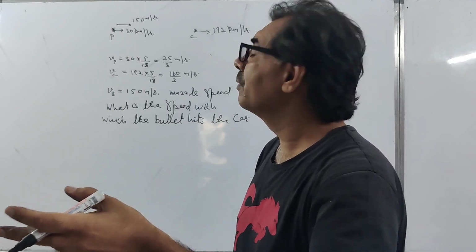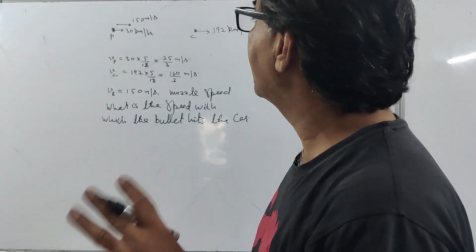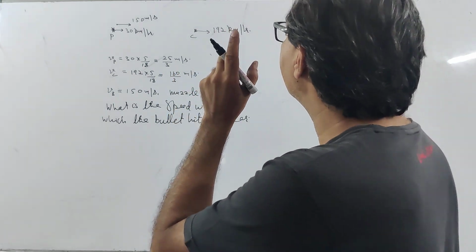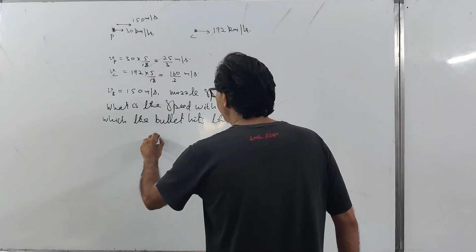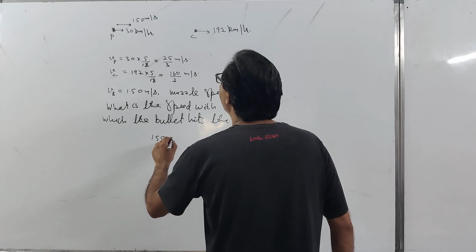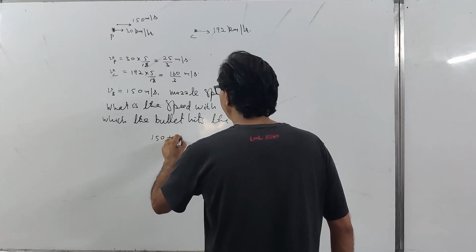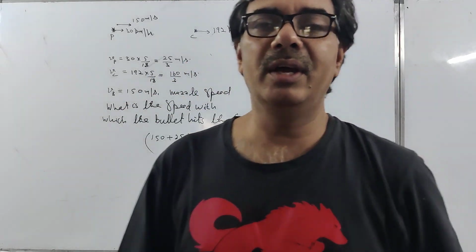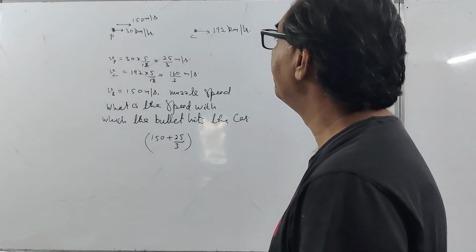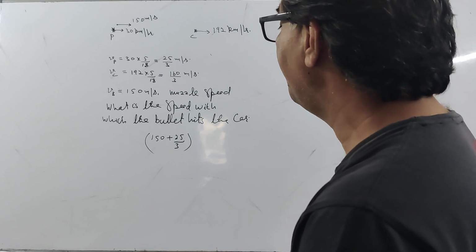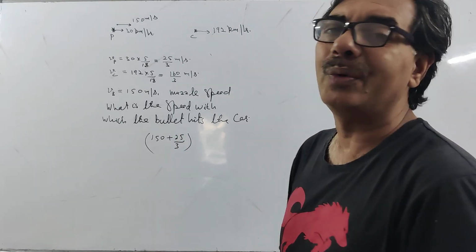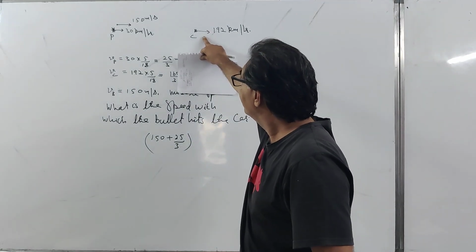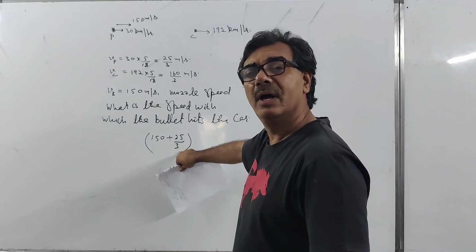It appears as if the police car is at rest, but a bullet is shot with a speed of 150 plus 25 by 3. It appears as if the bullet is actually being shot at the rate of 150 plus 25 by 3. Had this car been at rest, then the bullet would have hit it at this speed.